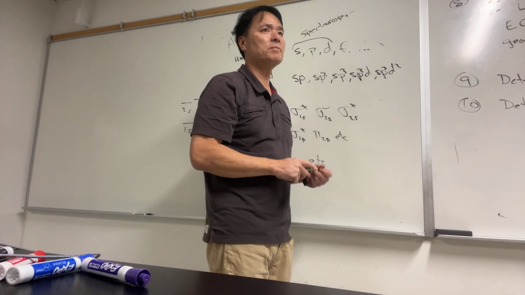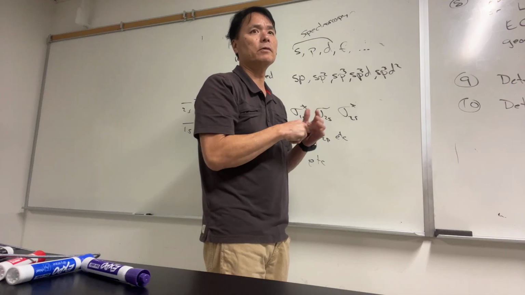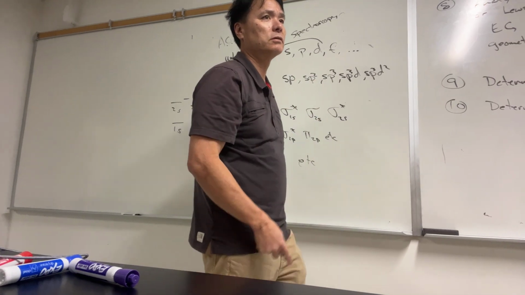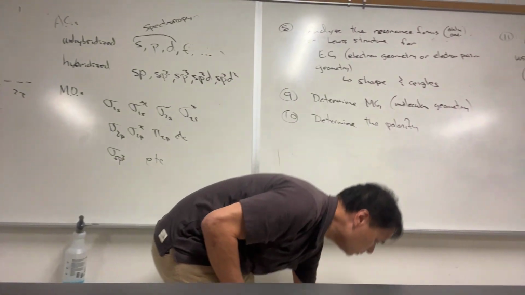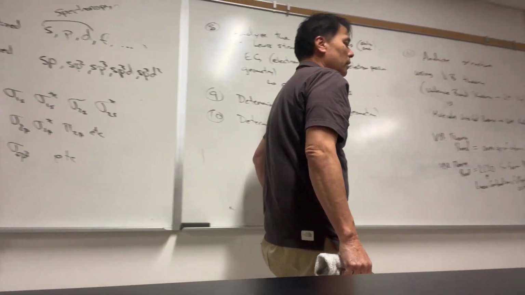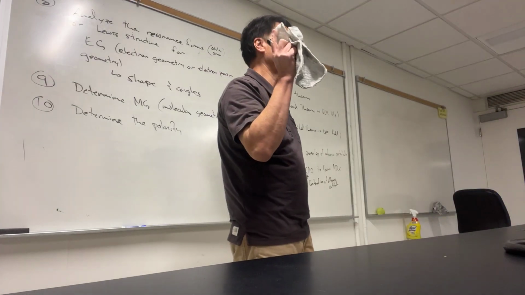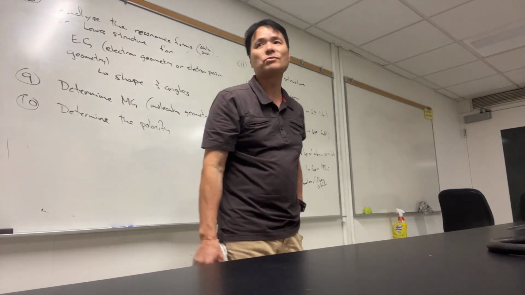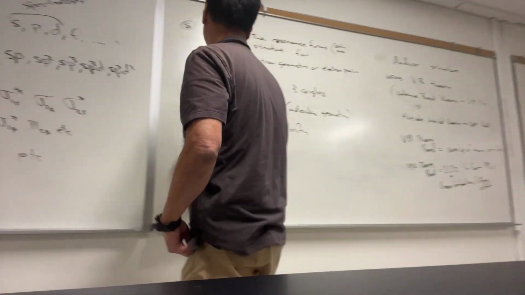When they measure the spectrum, they come up with sharp, principal, diffuse. And then finally, when they came up with a theory, they were able to connect the spectrum with the theory. And so that's what happened. Okay.